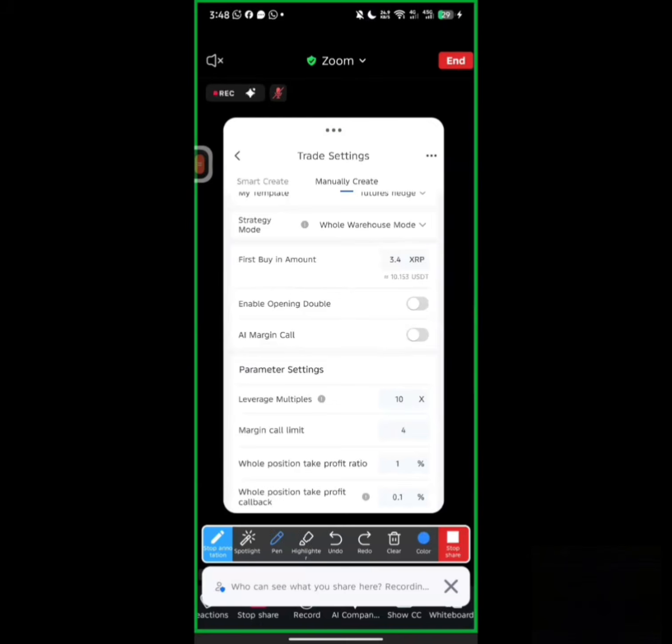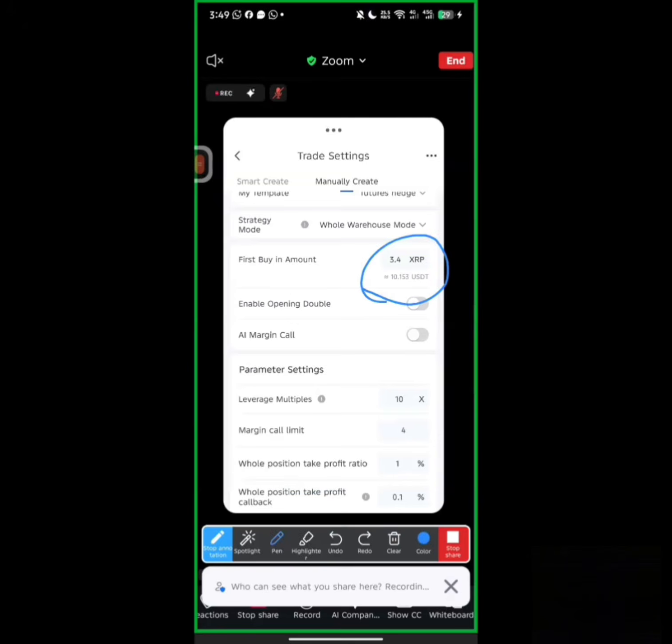The only thing you have to set is the first buying amount, which takes a lot of our time. Then you set the leverage, which is not taking any time. The last thing you must set before you enter this signal is the whole position take profit ratio. Very, very important. So you set your first buying amount, which you already know how to calculate.